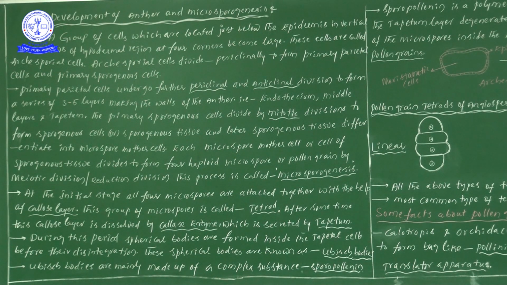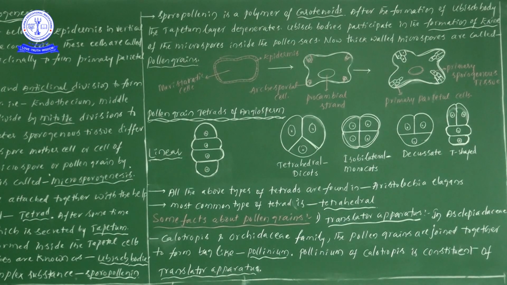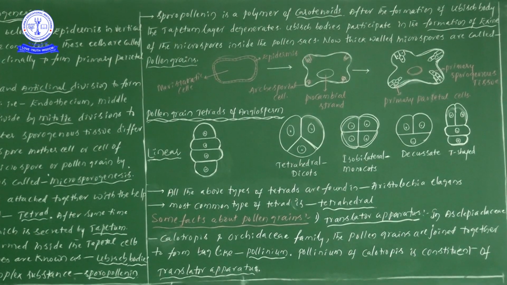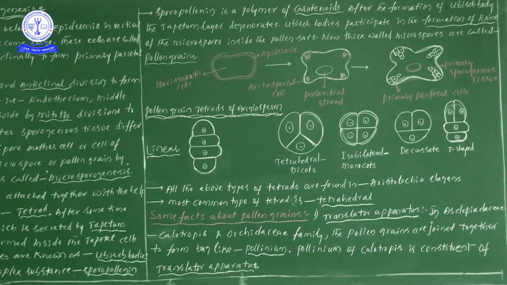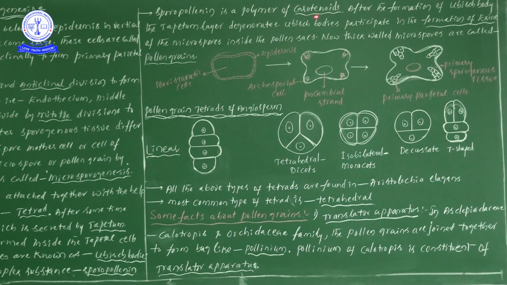Sporopollenin is a polymer of carotenoids. Once you see that first line, sporopollenin is a polymer of carotenoids.